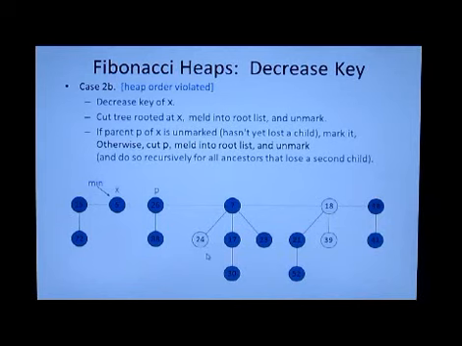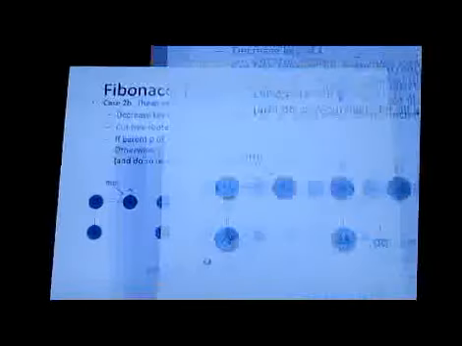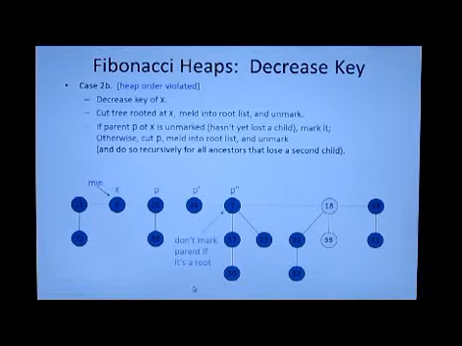24 is another marked node, and it is the parent of node 26. So again, we should meld 24 into the root list and unmark it. Next, we go to 7.